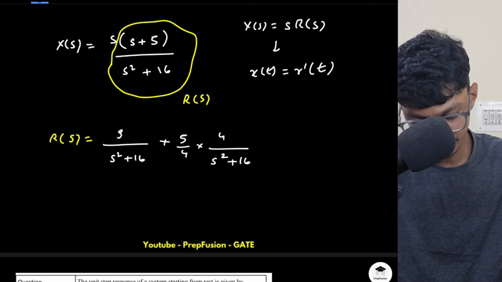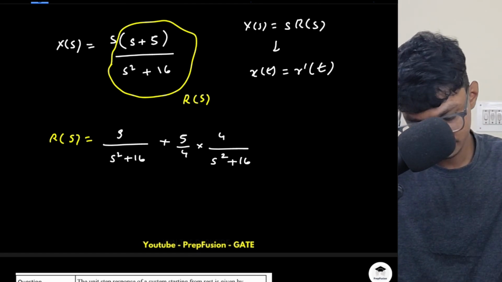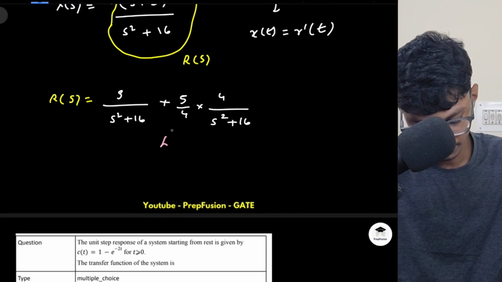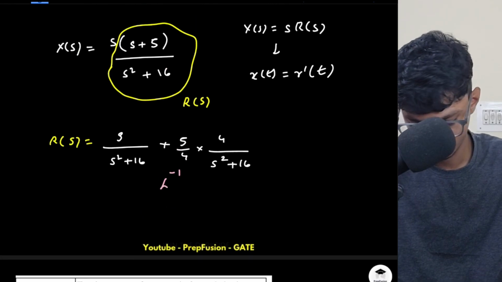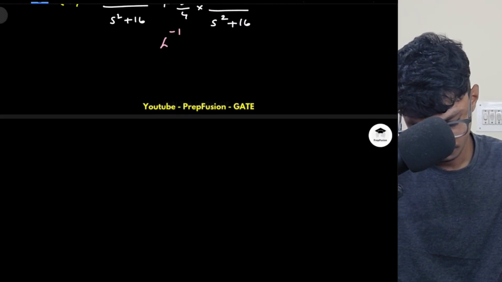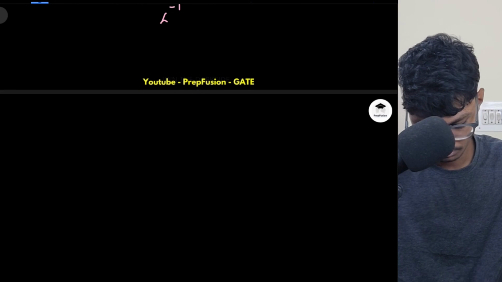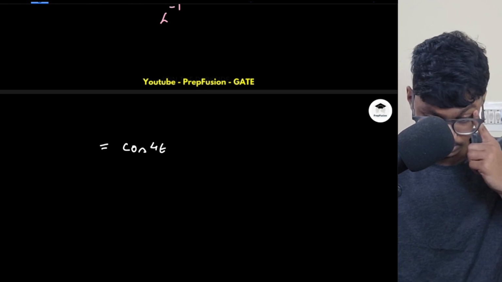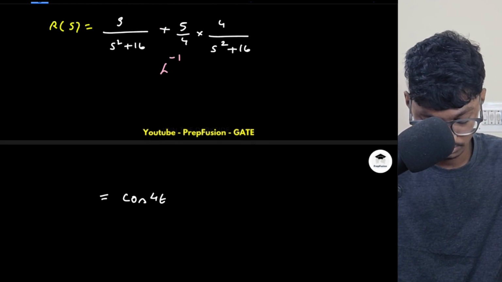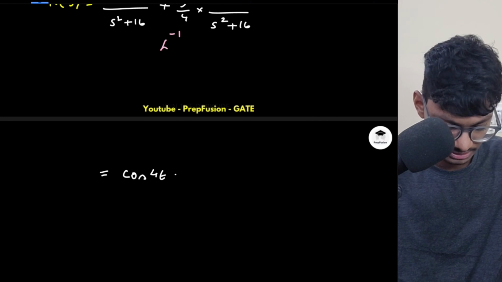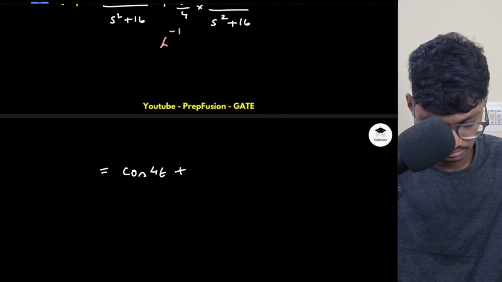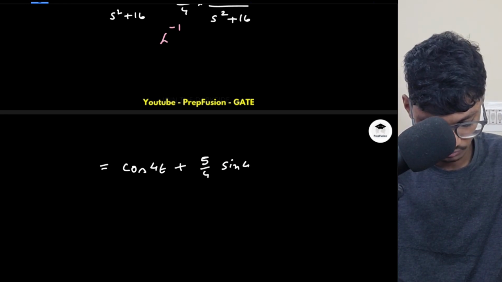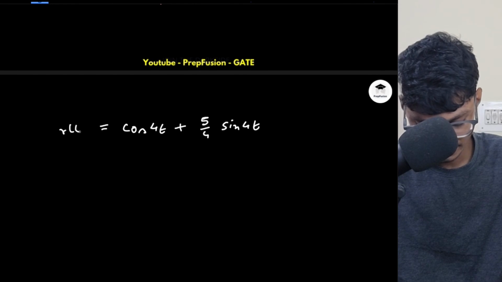It will simply be cos 4t plus 5 by 4 into sin 4t. This is my r of t.